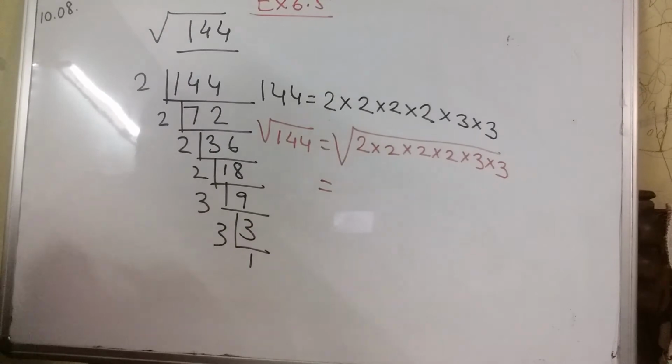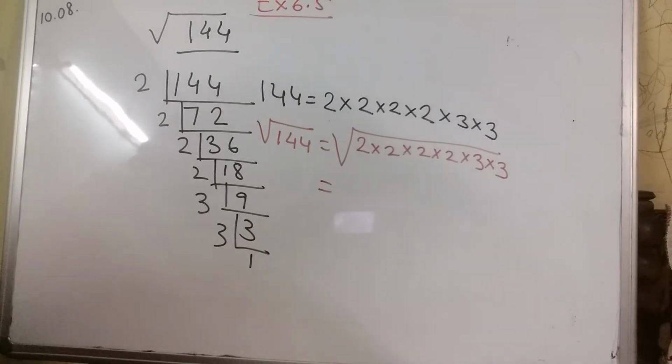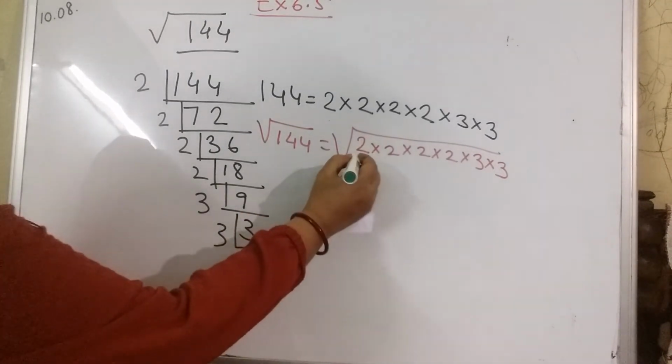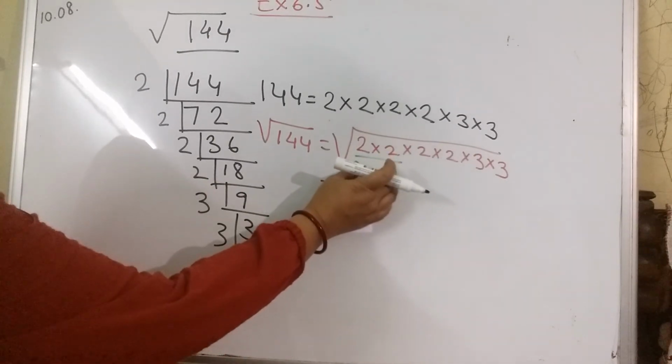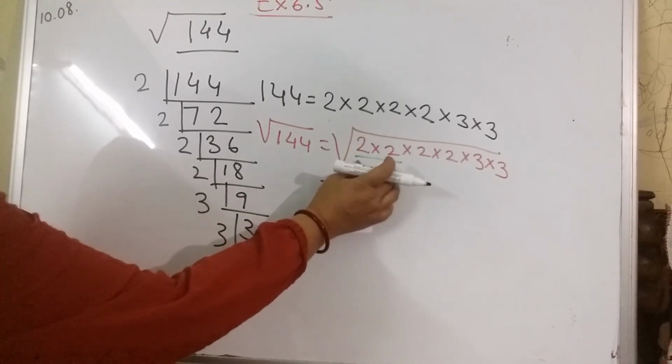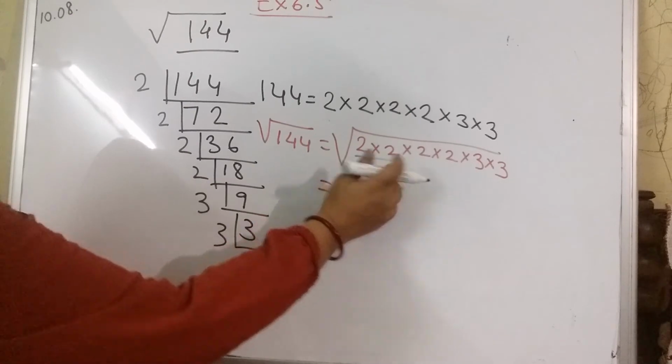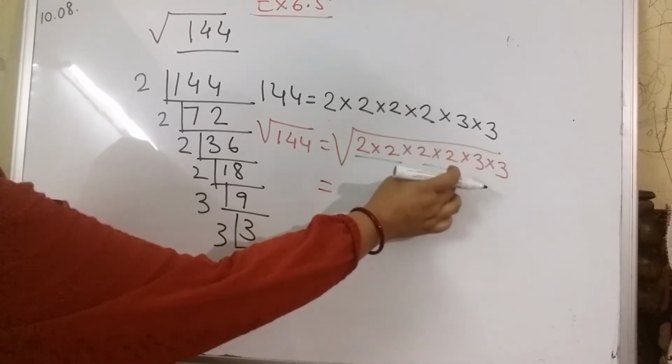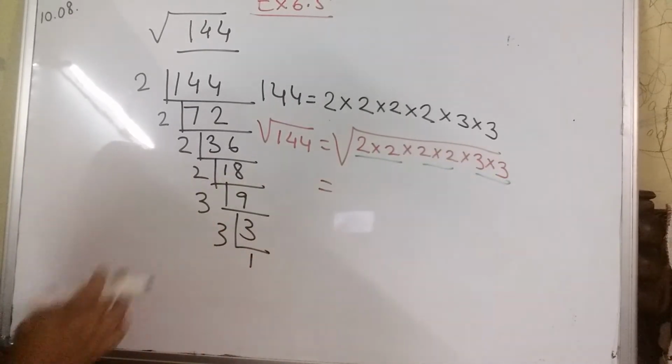Next you have to make pairs. Taking two same numbers, these two will make a pair, these two will make a pair, these two 3s will make a pair.